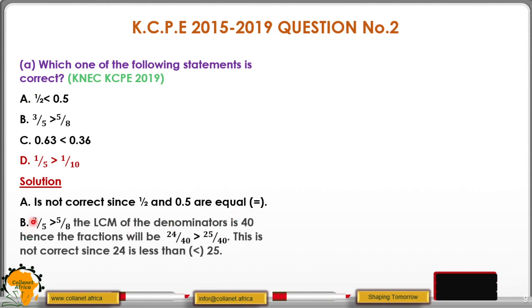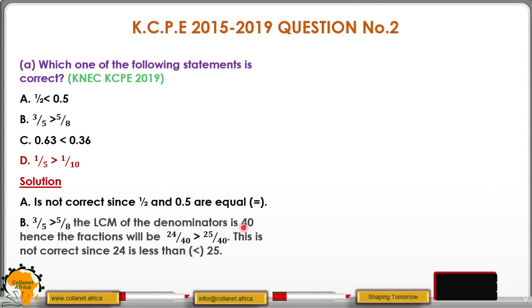Part B, 3/5 is greater than 5/8 is not correct because the LCM of the denominators 5 and 8 is 40. Therefore, to get the equivalents, we are going to make the denominators the same.